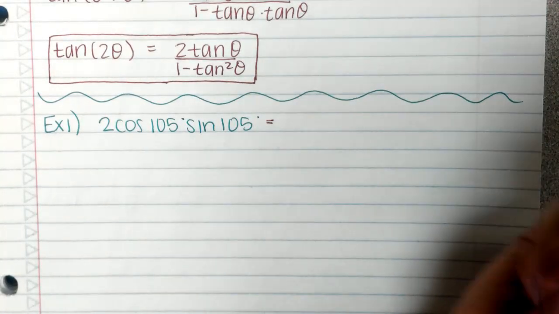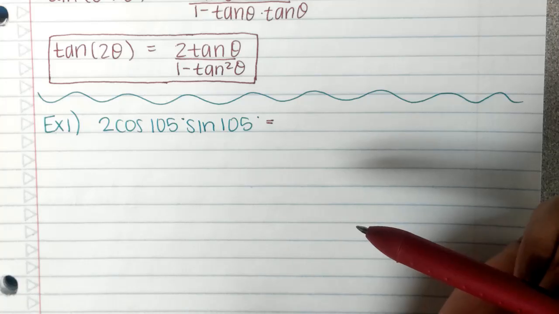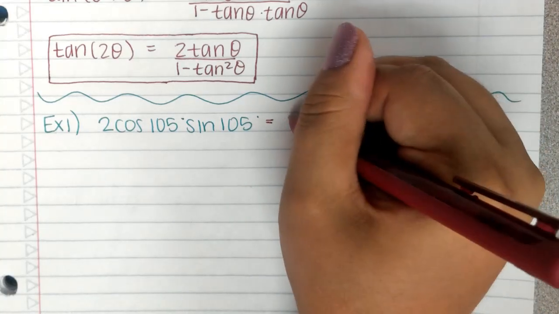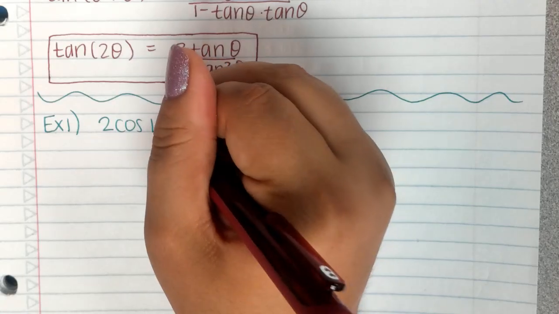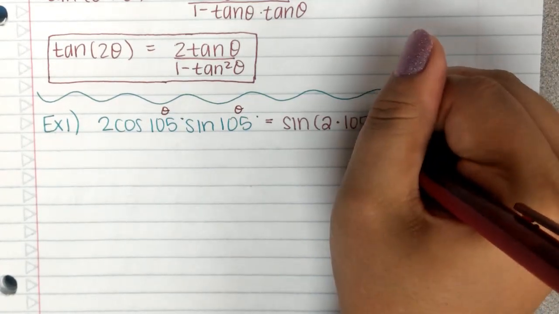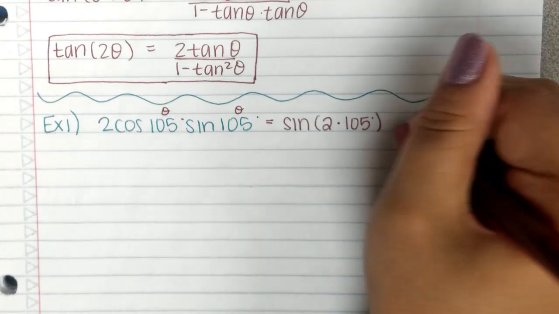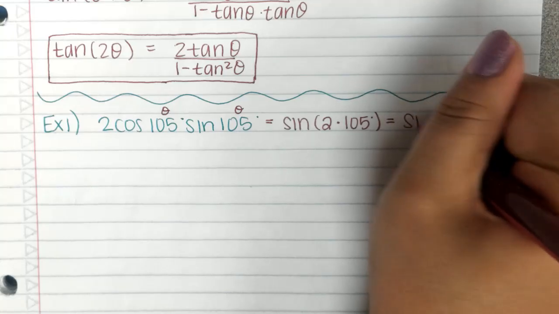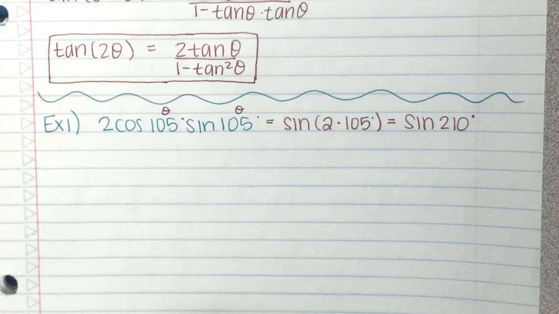Which function is this? It's not tangent, so is this sine or cosine? It's sine. So we're going to do sine of 2 times, what's my theta? 2 times 105 degrees. So what is 2 times 105 degrees? The sine of 210 degrees.